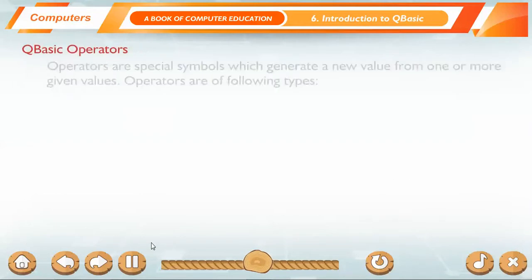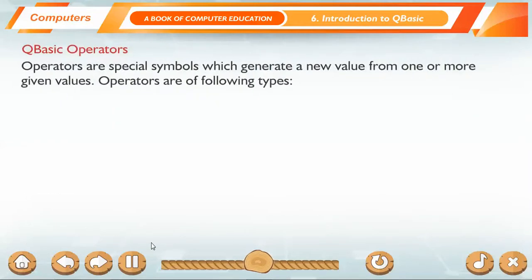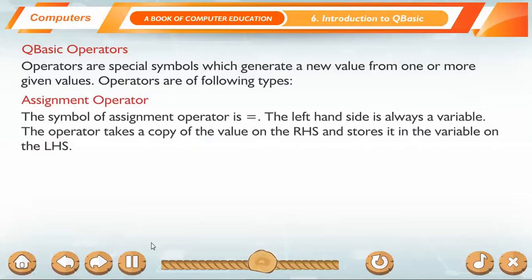QBasic operators. Operators are special symbols which generate a new value from one or more given values. Operators are of the following types. Assignment operator. The symbol of the assignment operator is equal to. The left-hand side is always a variable.